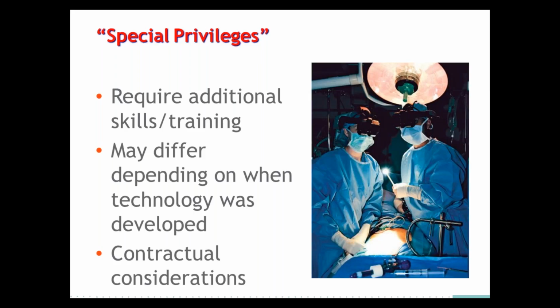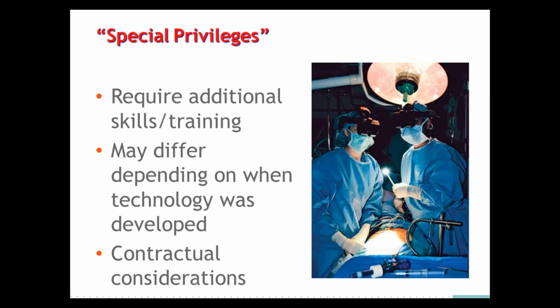There also are contractual considerations that may require things to be listed separately. For example, any cardiologist can read an EKG, but if somebody wants privileges to read EKGs and be the official interpreter for the facility, the organization might have a contractual arrangement with one group to be the official interpreters for their EKGs.